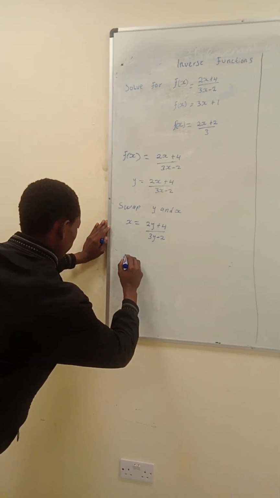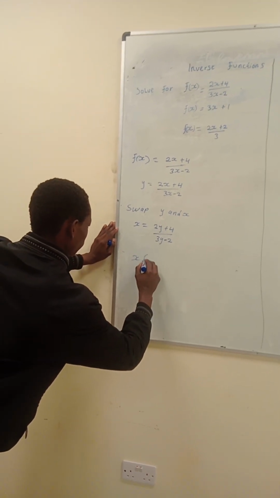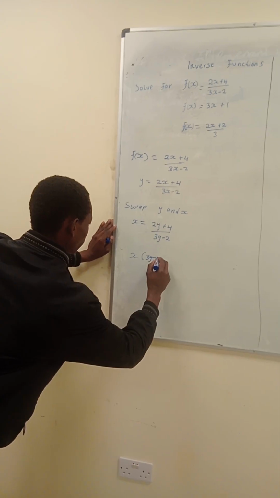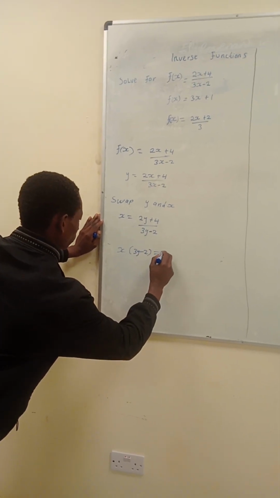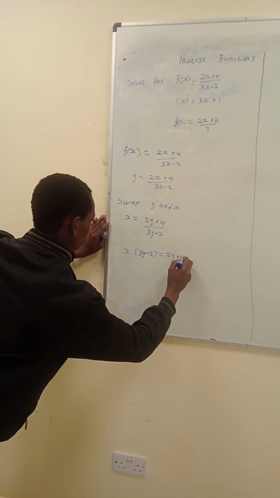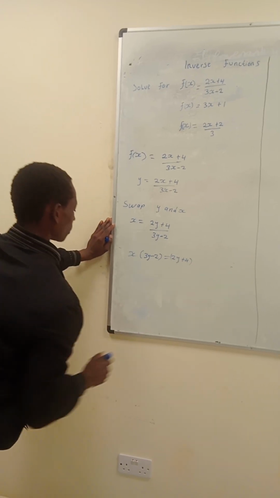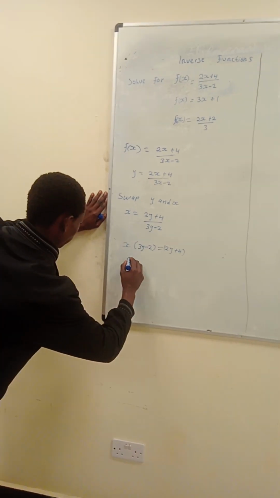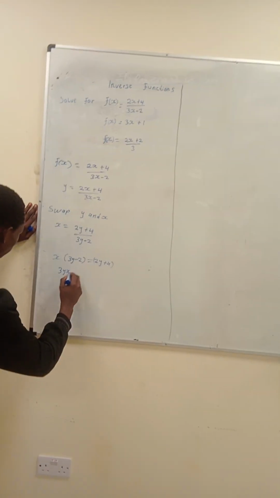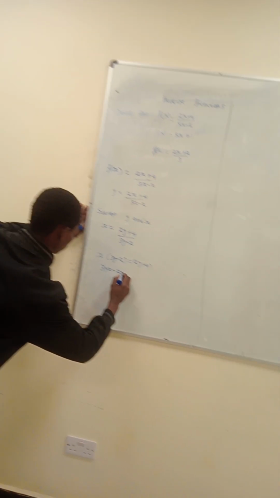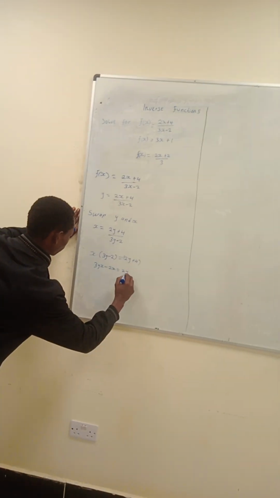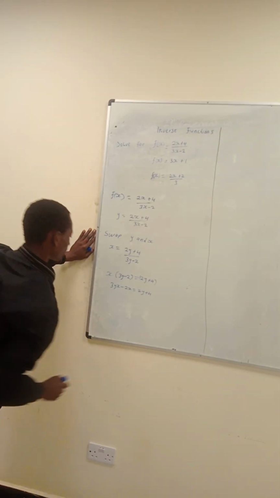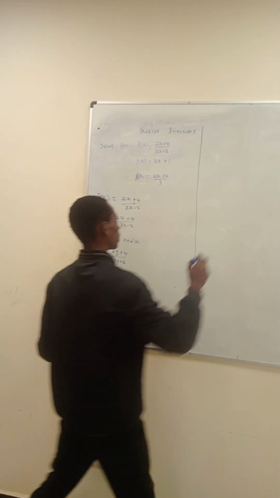Let us cross multiply it as x into 3y minus 2 equals 2y plus 4. At this point, we group the like terms of the expansion, where we have 3yx minus 2x is equal to 2y plus 4.